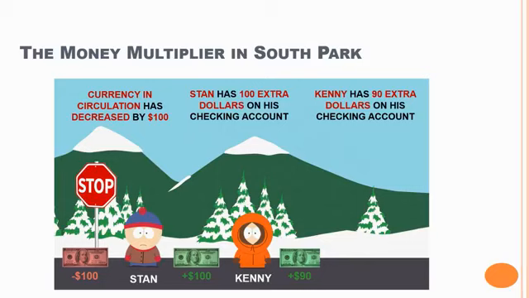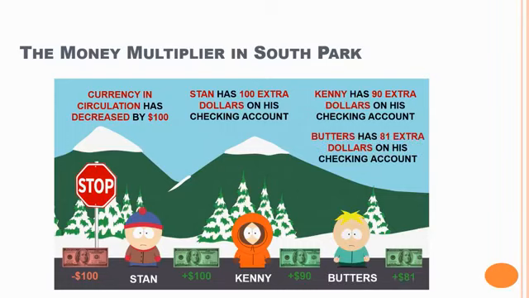And then South Park OMG Bank had excess reserves, and was able to make an additional loan to Cartman. Then Cartman purchased Butters' Trapa and then Butters deposited the $81 at his bank. The same thing, the amount of money that is held by Butters has increased by $81, which is, again, an increase in the money supply.